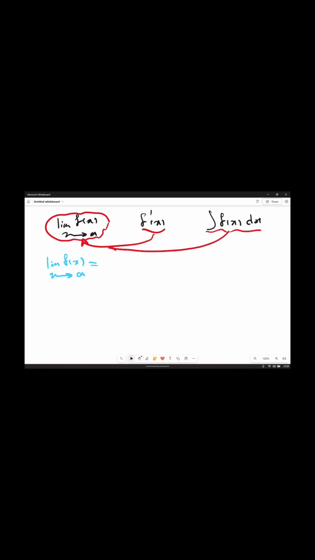Therefore, the limit as x approaches a is the behavior of f(x) by a neighborhood point.